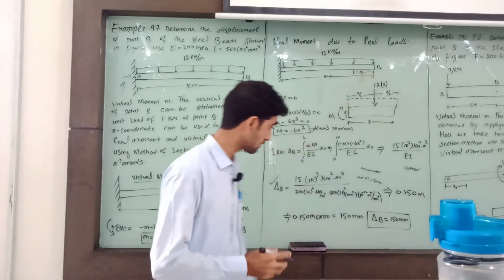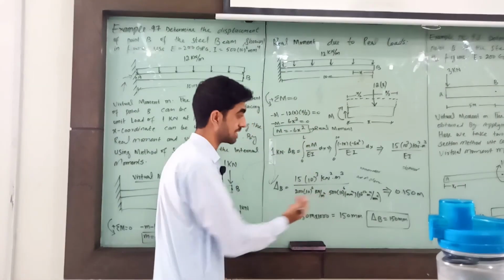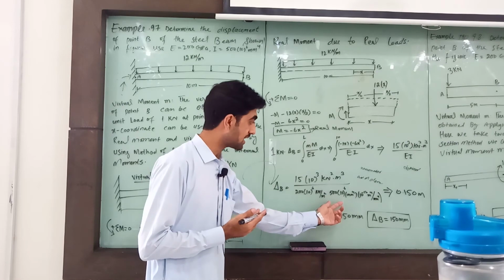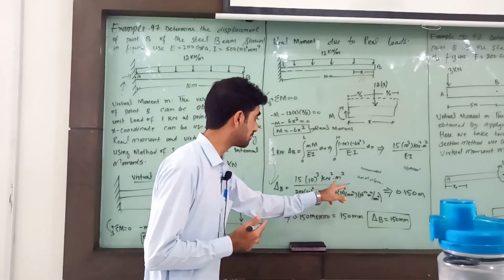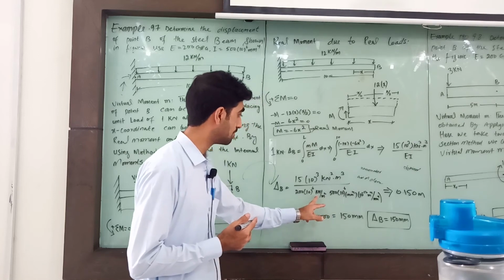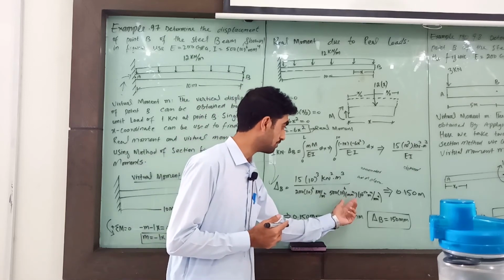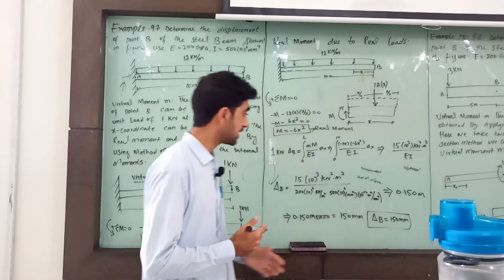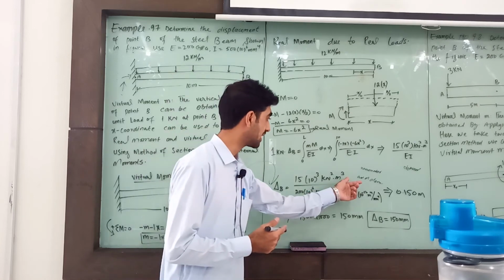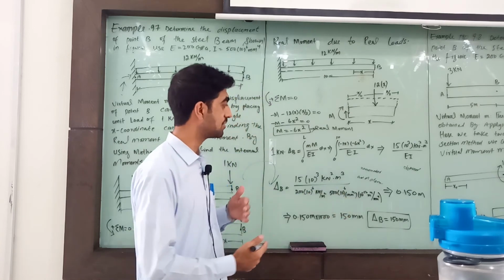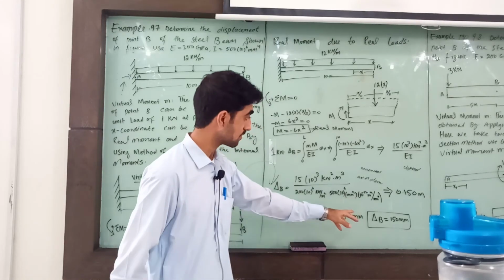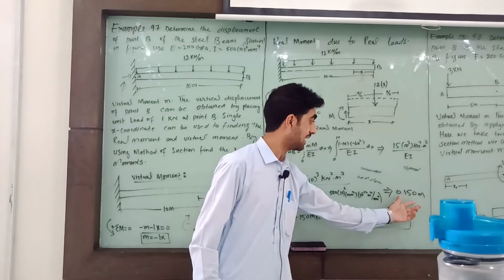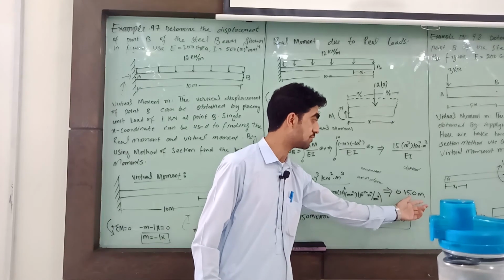Here different units are used. First of all, we convert them to one unit. This is meter and this is millimeter, so in numerator and denominator we convert all units to millimeter. So lastly we obtain the answer 0.150 meter.